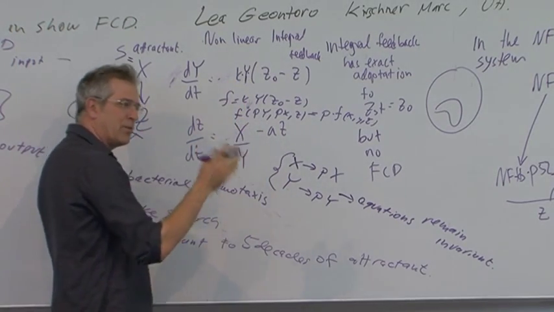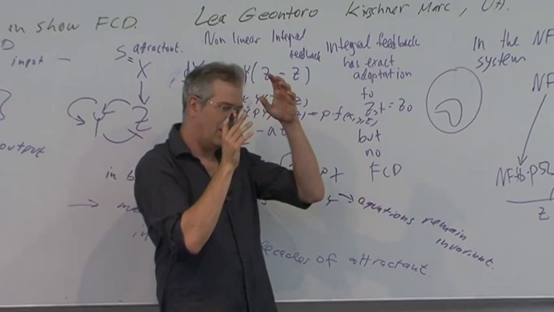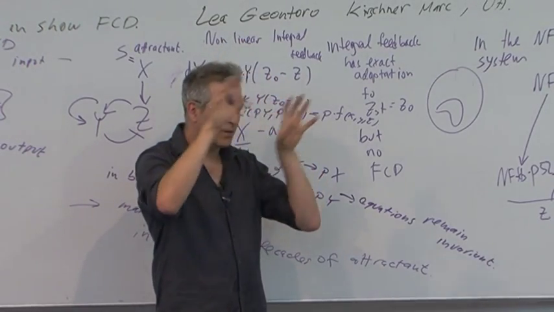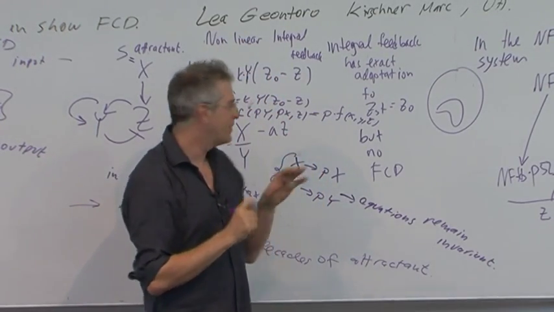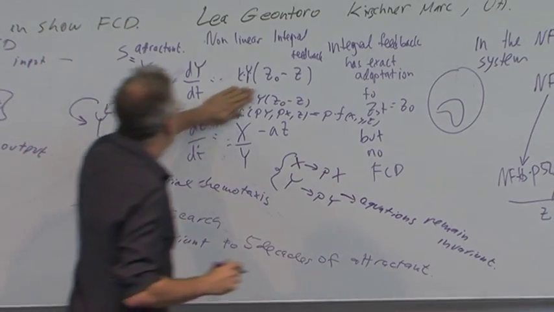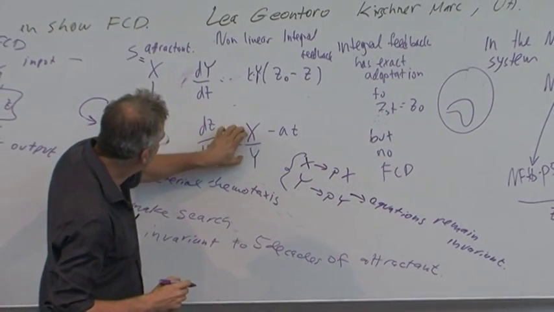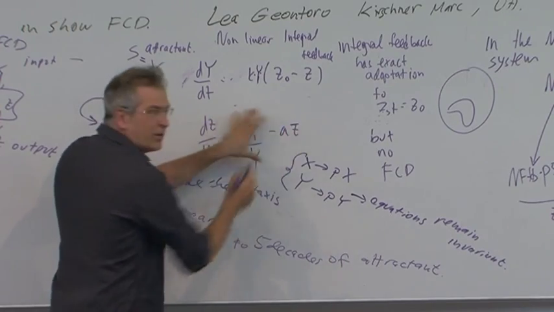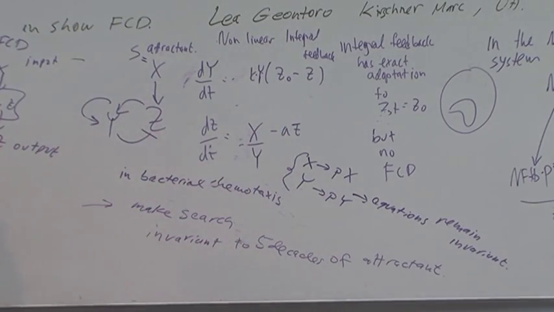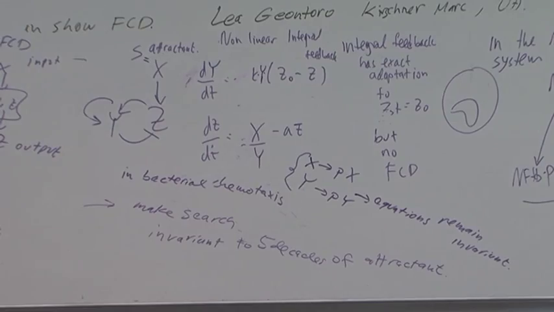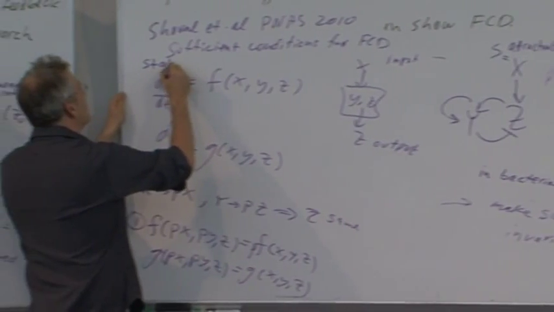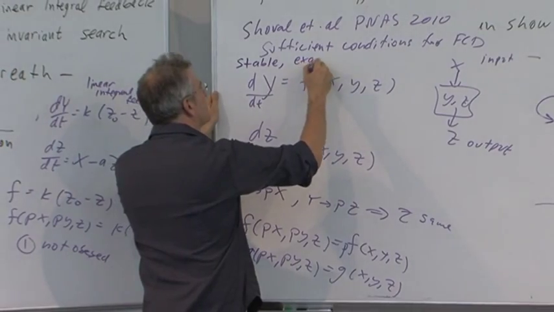It will also work if I multiply y times an exponent of x divided by something. There are a lot of ways to do it. And what about g? If I multiply x by p and y by p, g remains invariant. It remains the same. So this has full change detection. The system also has to be stable and have exact adaptation. I didn't say that.